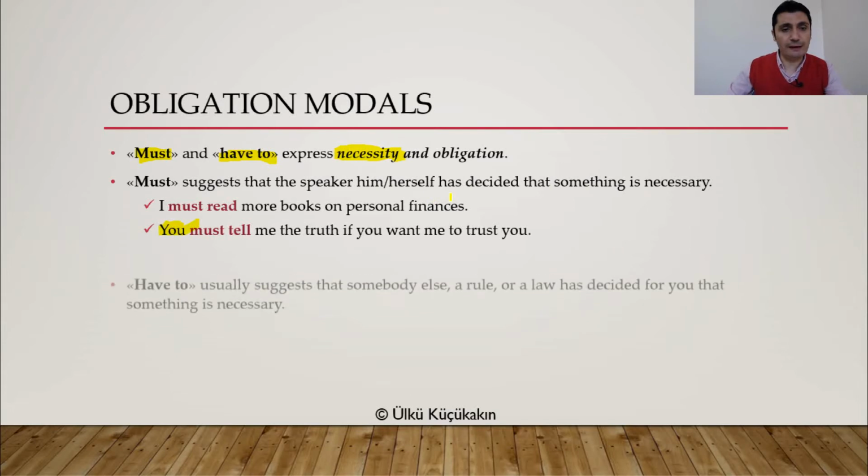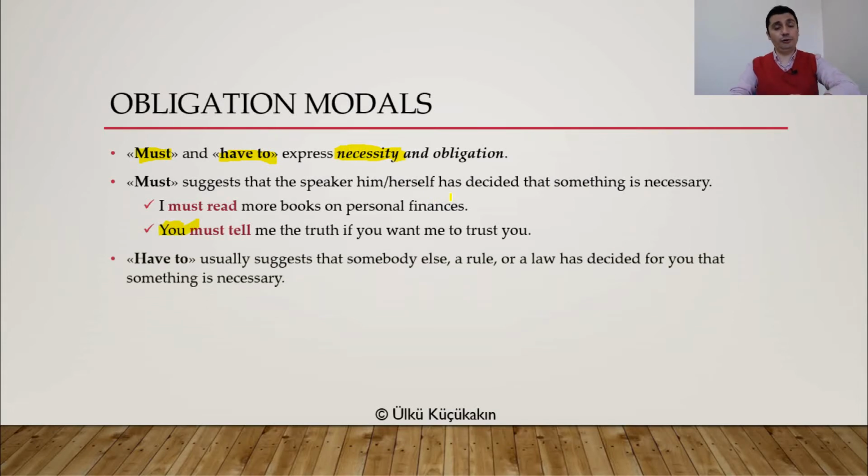All right? Now, have to, on the other hand, usually suggests that somebody else, a rule, a law maybe, has decided for you that something is necessary. So have to is usually from outside. It's not personal. All right?